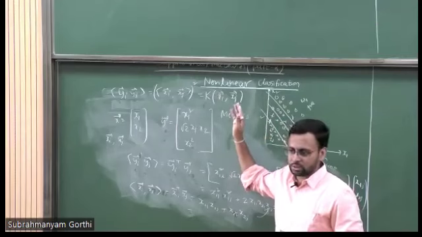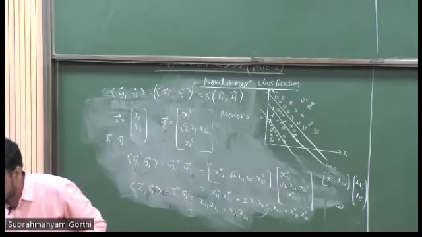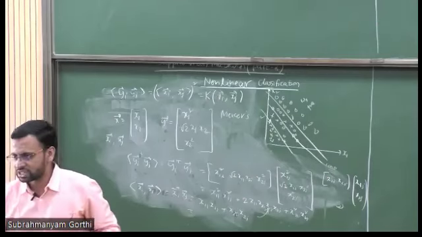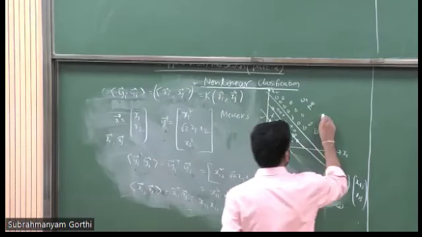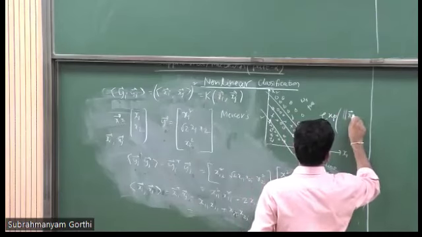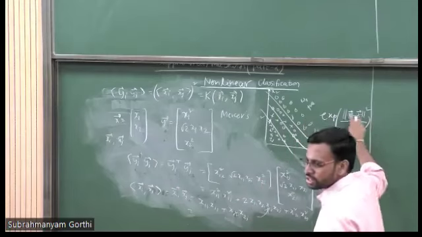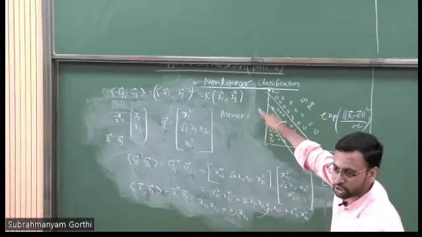It could also be a Gaussian-like kernel, which is referred to as radial basis functions, which is exponential of norm of x bar minus z bar square by sigma square. Assume that these are the two you are giving as inputs to the kernel.